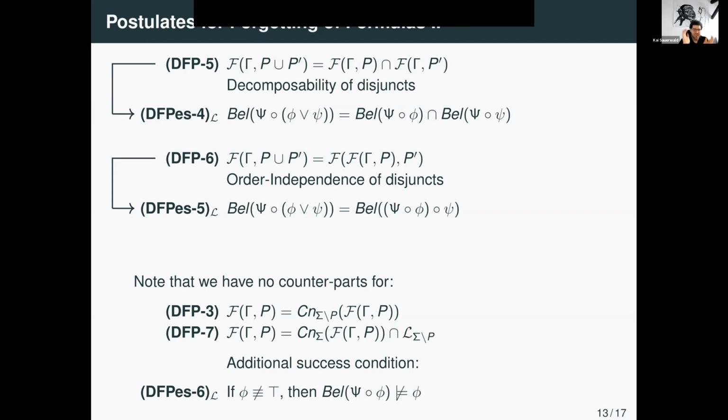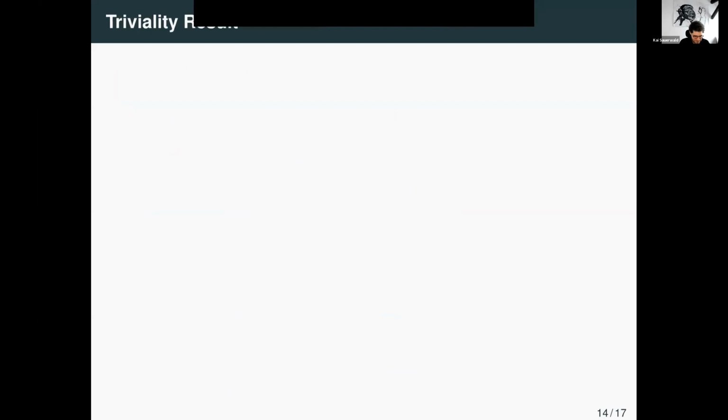So we now have this set of postulates, and you might wonder if there even exists an operator which satisfies them, because these postulates look very powerful. And I have good news: there is an operator which satisfies these postulates. But it is the only one, and it does not behave as expected.